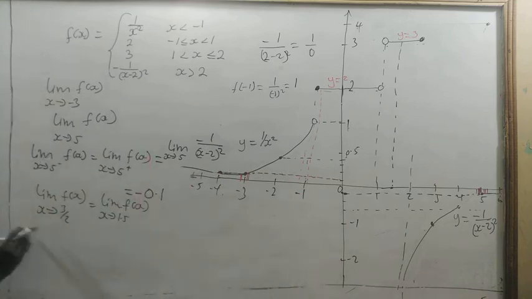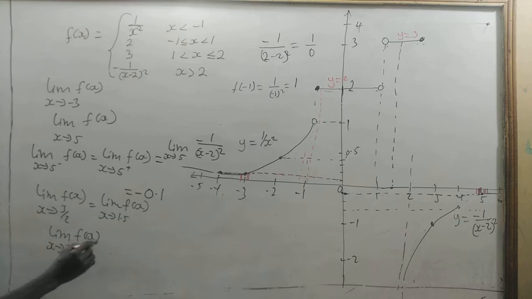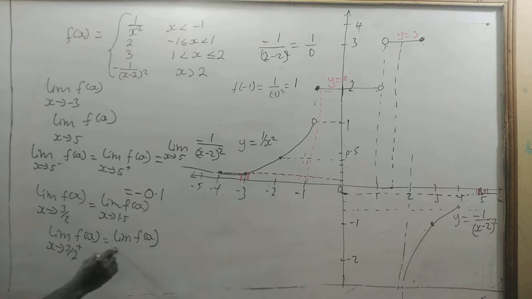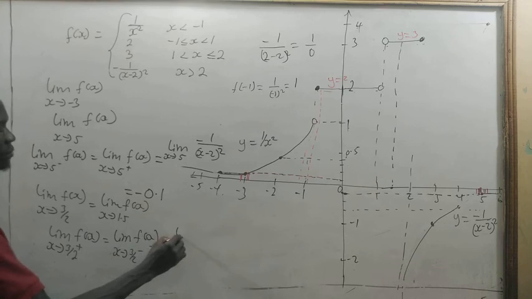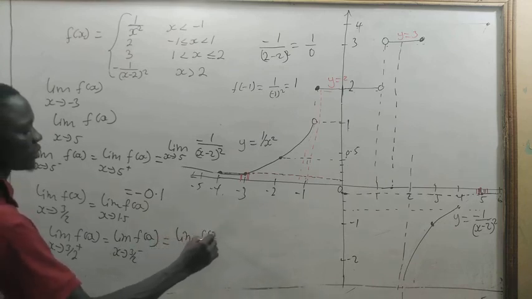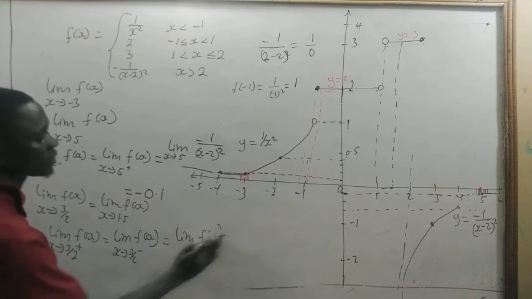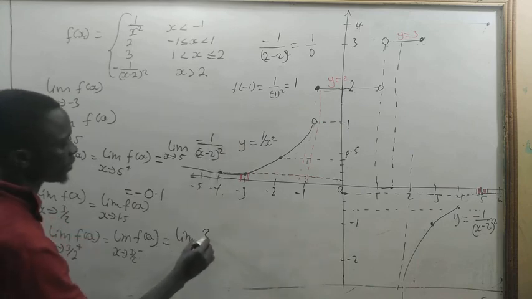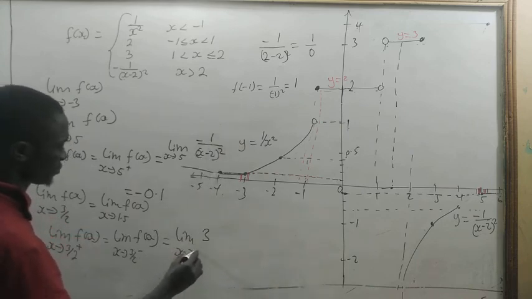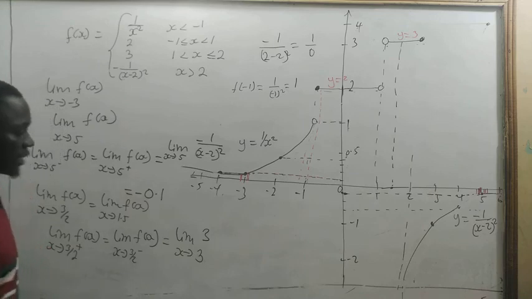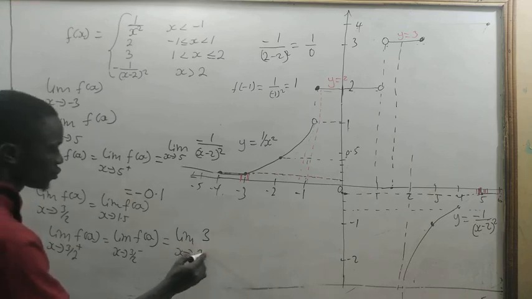So the limit of f of x as x approaches 3 over 2 from the right is equal to the limit of f of x as x approaches 3 over 2 from the left, which is the limit of 3 as x approaches 3 over 2.